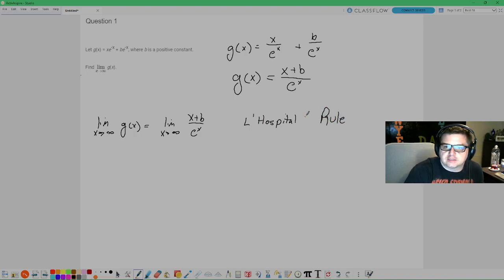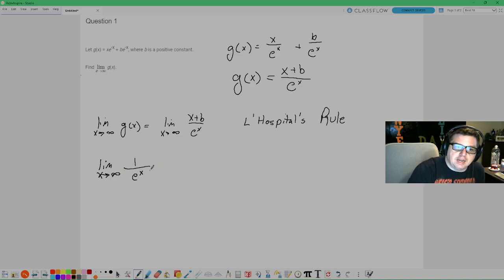which states to take the derivative of the top by itself, which is just going to be 1 now, because the derivative of x is just 1, and then b is a constant which falls off. The derivative of e to the x is e to the x.